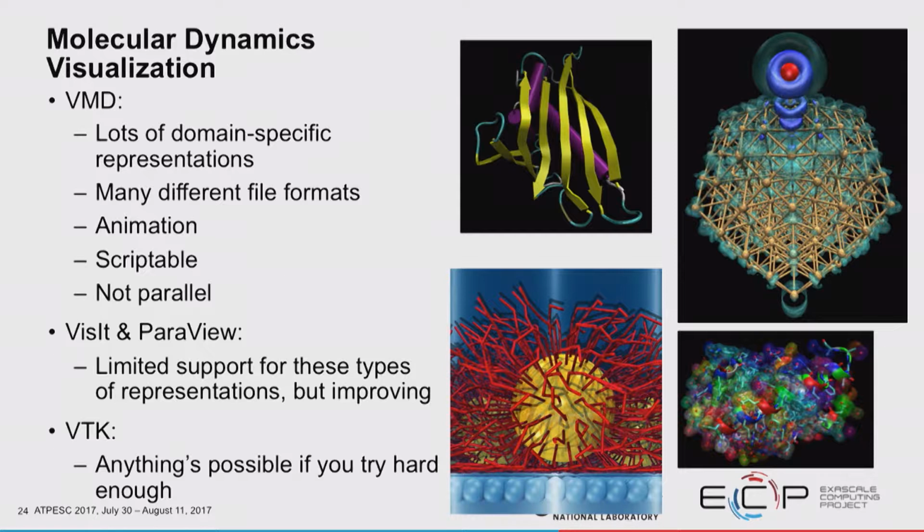I mentioned there are some tools that are more specific to particular science domains. VMD is an example of that, and John is here to talk about that later today. There are lots of domain-specific types of representations, ball and stick types of things. It's scriptable, and you can create animations with it.